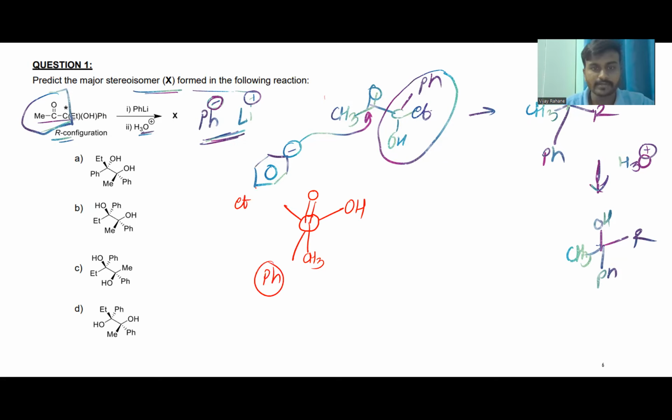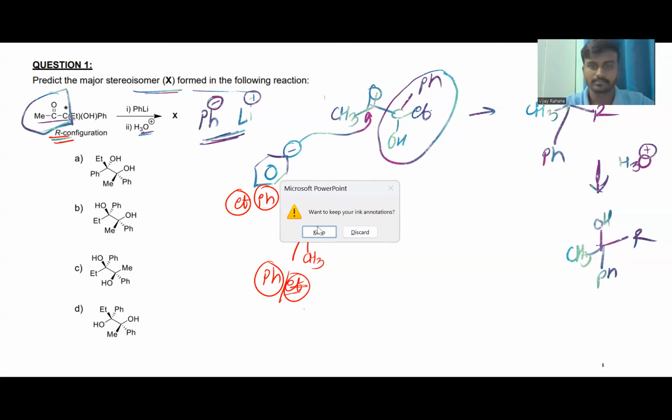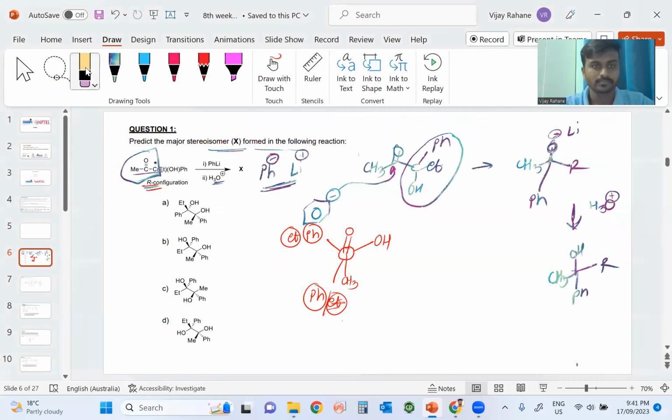We have to maintain the R configuration, so either the phenyl or the ethyl goes here. First of all, we need to check the stereochemistry. Let's say I write the phenyl group on the downside, and we'll see what the configuration is first.